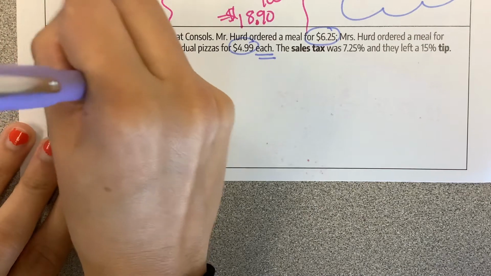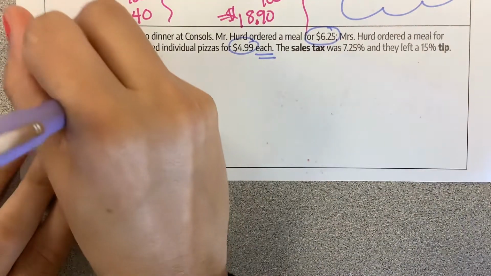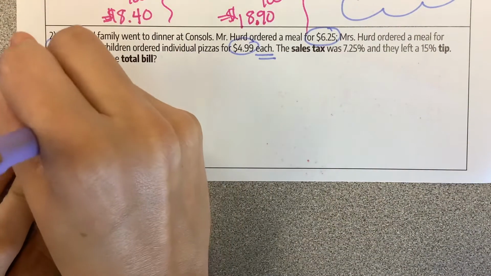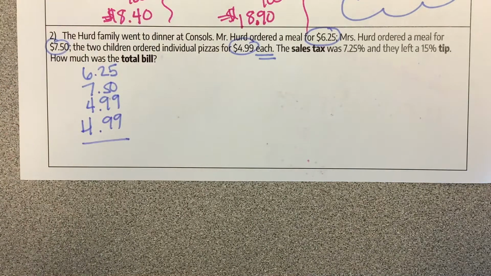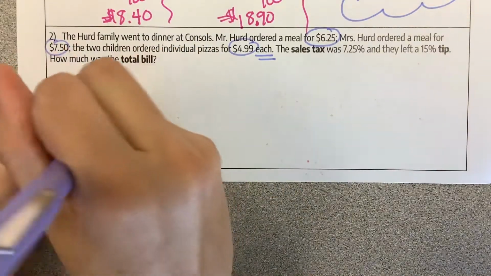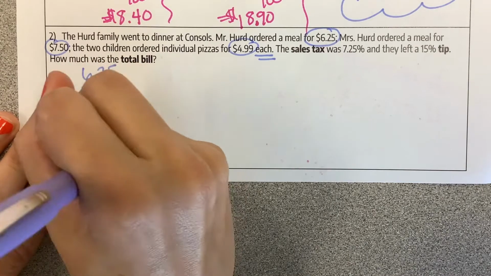We've got $7.50 for Mrs. Hurd. And we have $4.99 for each of the kids, which is going to give us a total pre-tax and tip meal cost of $23.73.